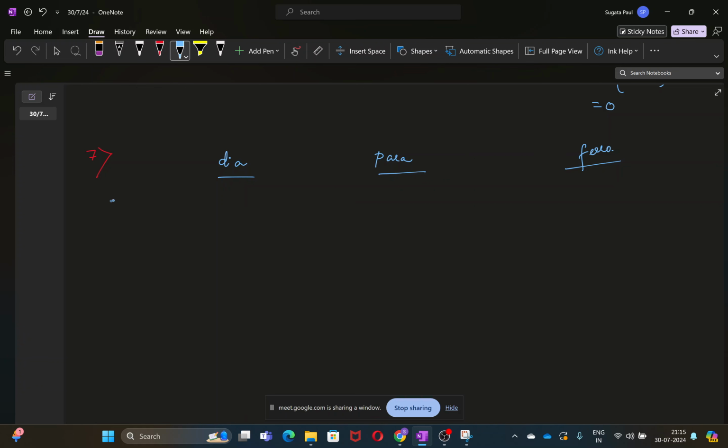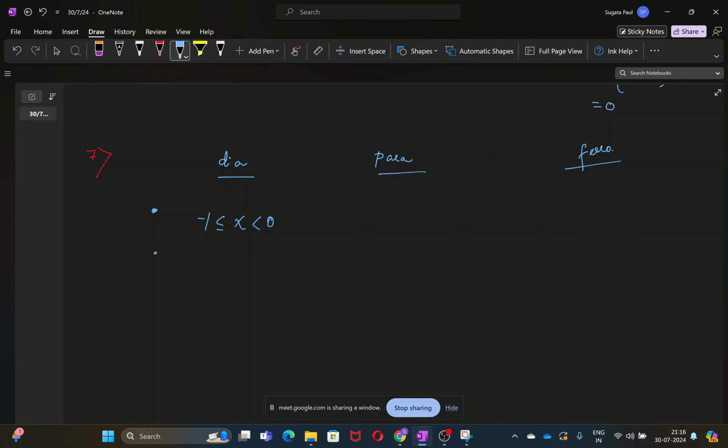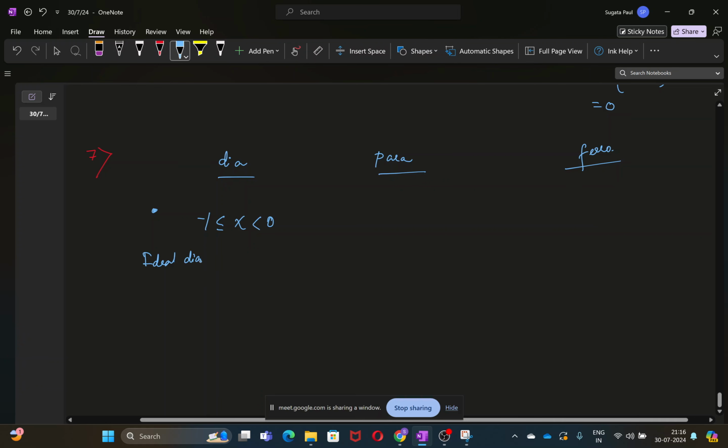Now, as far as the value of susceptibility is concerned, it is very well known that diamagnetism has negative susceptibility, and para and ferro have positive susceptibility. But what will be the value? For diamagnetism, the value of chi is from -1 to 0. So anything that is negative, that is less than 0, and the maximum magnitude can be -1. So for an ideal perfect diamagnet, the chi value will be -1.